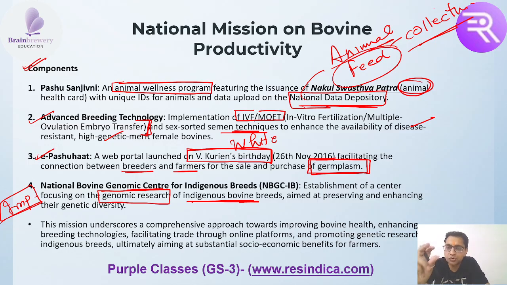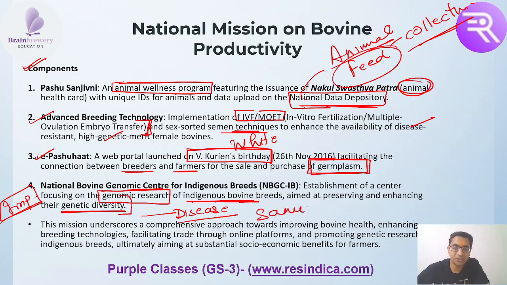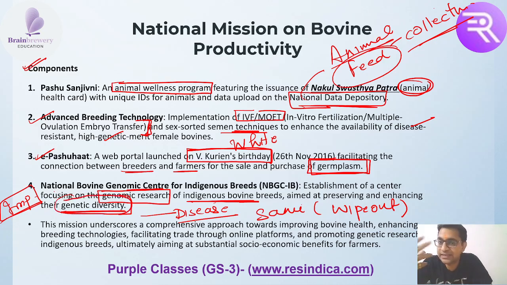Based on that, proper quality germplasm sperms are being preserved in order to enhance genetic diversity. We also have to maintain genetic diversity because if any kind of disease comes and we are maintaining the same type of genetic stock, it may get wiped out. So diversity has to be maintained, so that if any disease attacks a certain type of species, other species stay safe from that.